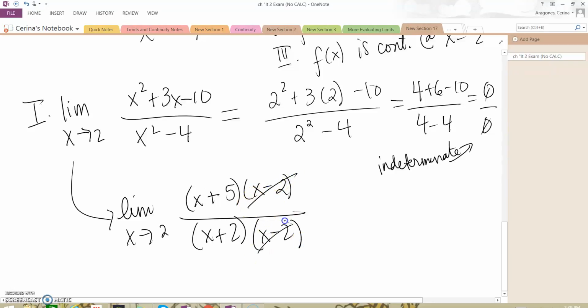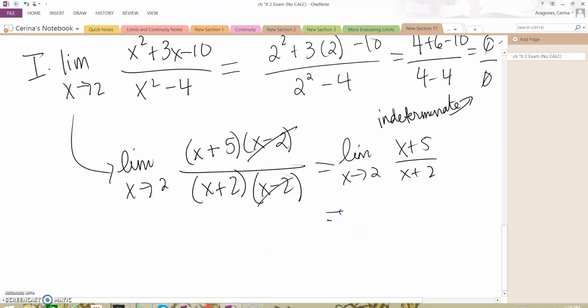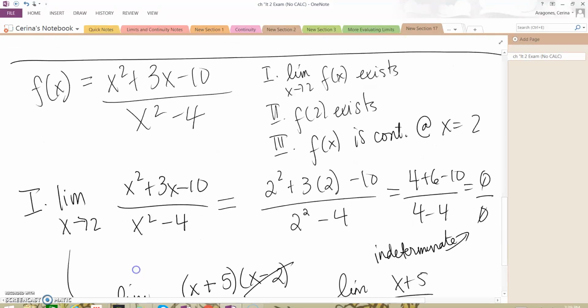We can cancel out the x minus 2's. We are left with the limit as x approaches 2 of x plus 5 over x plus 2. Now we can substitute 2 in for x, and we get 7 over 4. So we do have a limit, and it is 7 over 4. So the first statement is true. Let's test the second statement.